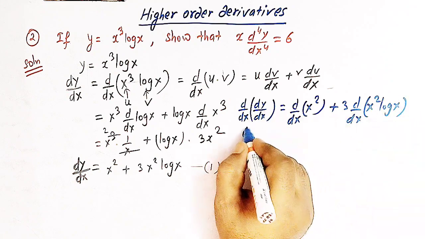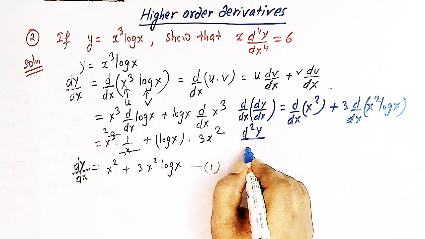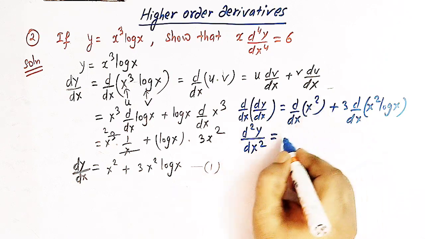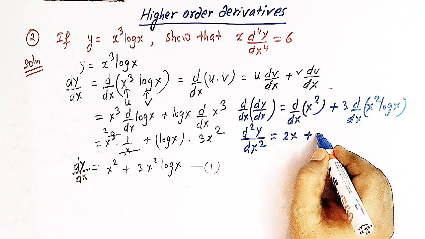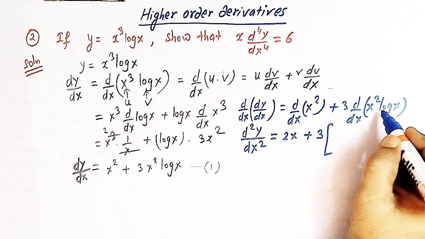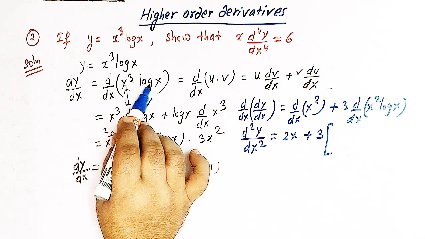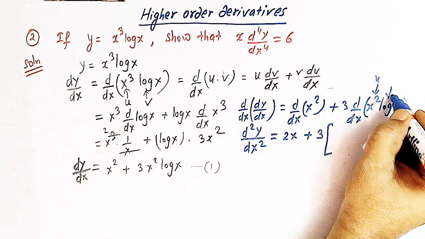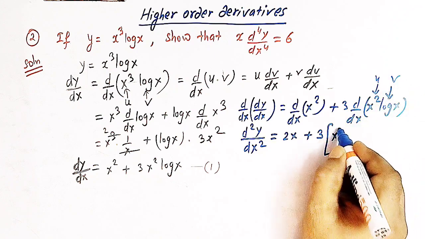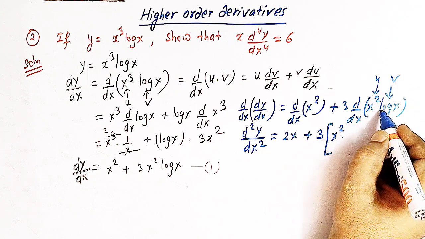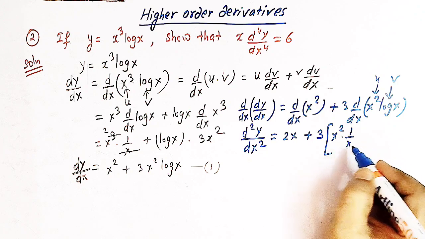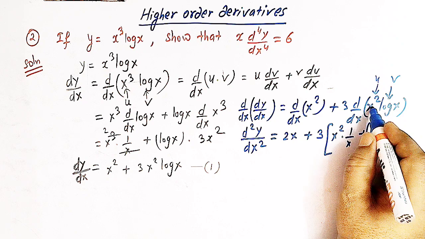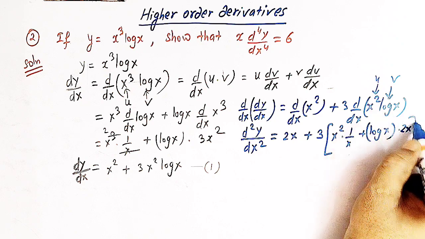So this is the second derivative, d2y over dx2, and here the derivative of x square is 2x, and here we have 3, and again applying the product rule, taking x square as u and log x as v, we have x square, then the derivative of log x is 1 over x, and then we have log x, and the derivative of x square is 2x.